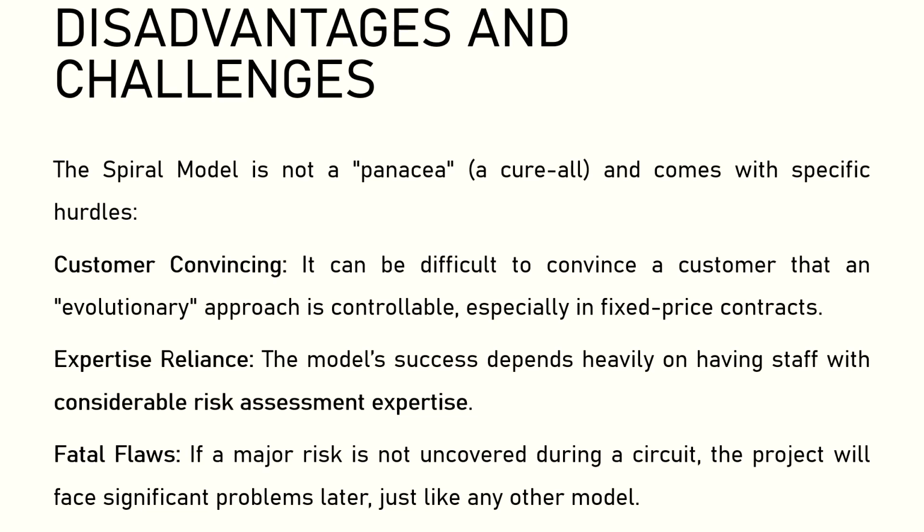So it is very difficult to convince the customer कि ये जो अप्रोच है ये कंट्रोल हो जाएगी and it will be in your budget and it will give you a timely product.